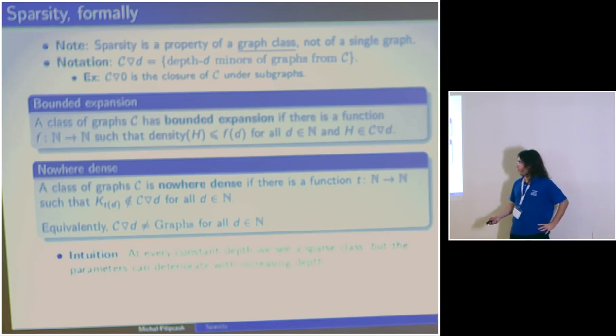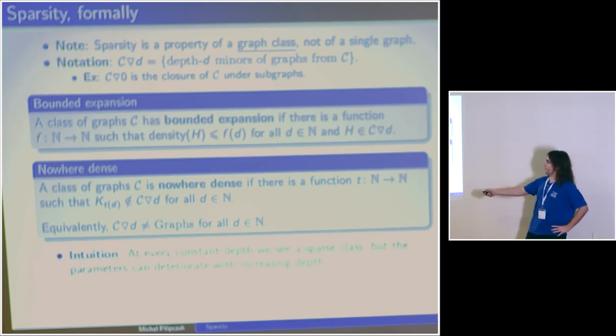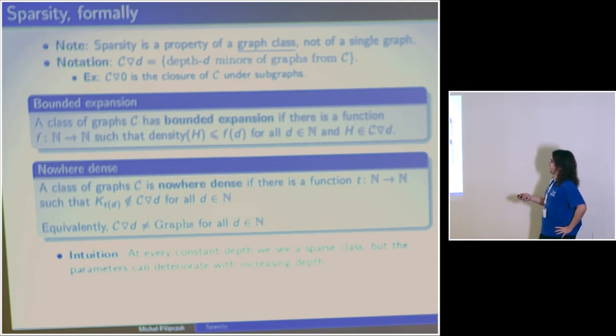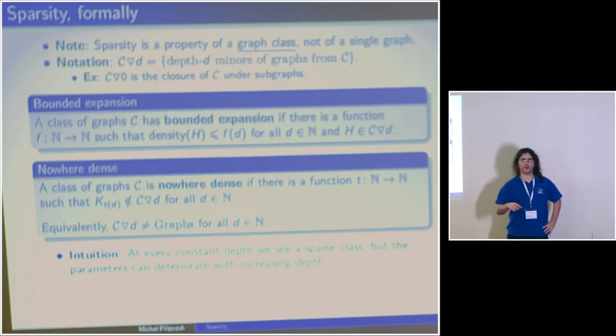So obviously, every class that has bounded expansion is also nowhere dense. Because basically, if I bound the edge density in my subgraphs, then in particular I need to exclude some clique, because the cliques have larger and larger edge density.